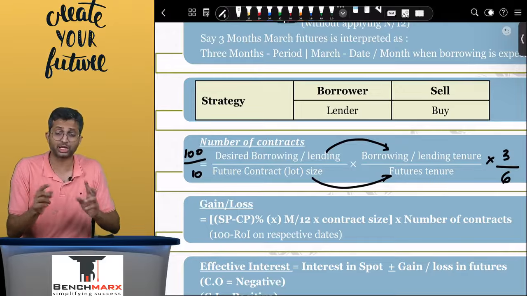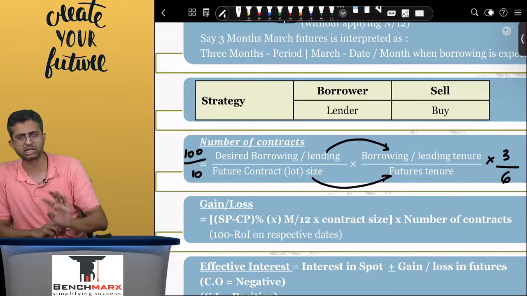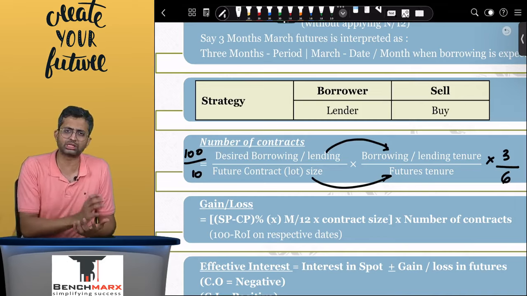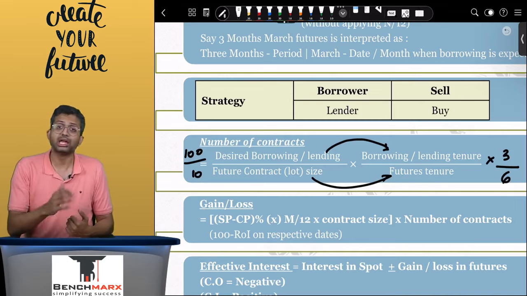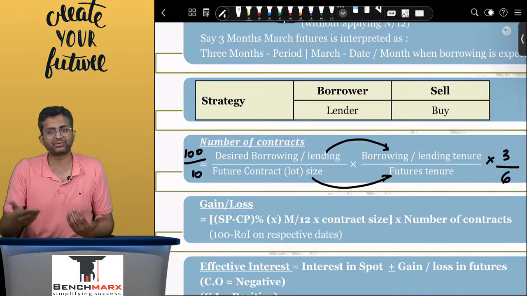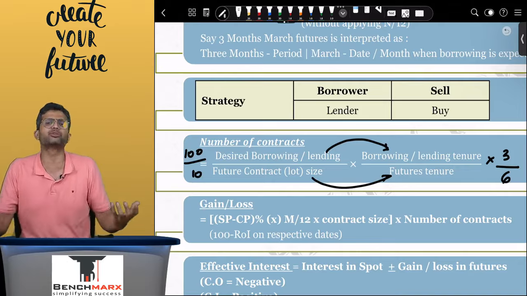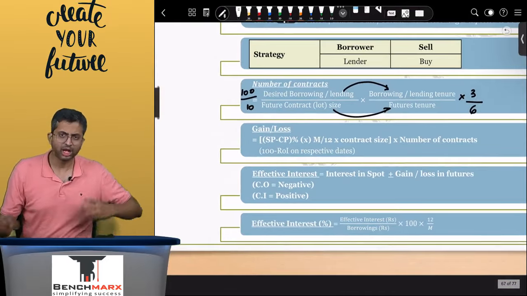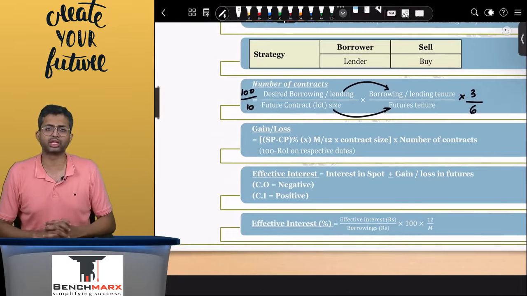So 94 minus 92, but that is 2%, into the futures value, let's say $10 million, into, let us say, 5 such contracts, into, let's say 6 by 12, which is the futures contract tenure.